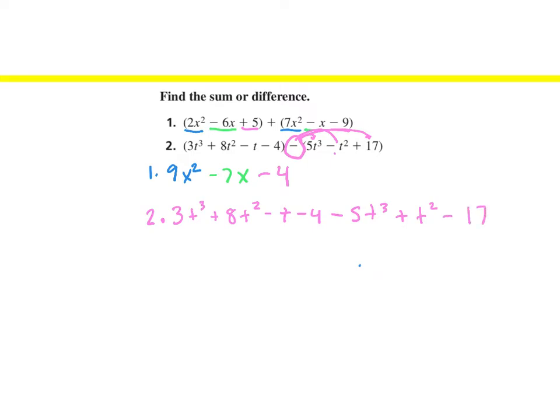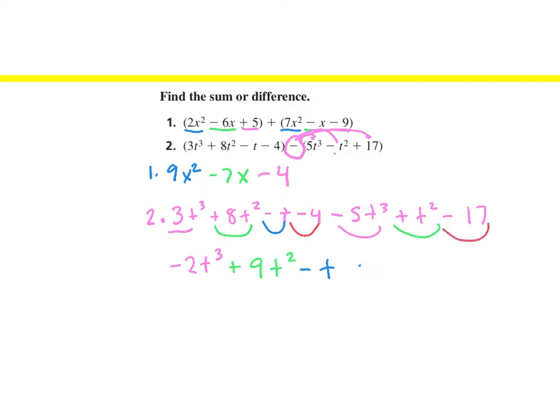Now we combine our like terms. So we have 3t cubed minus 5t cubed is negative 2t cubed. 8t squared plus t squared would be plus 9t squared minus t. We only have that one t, so just minus t.